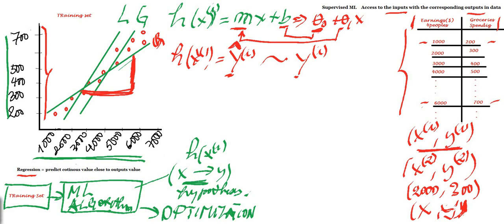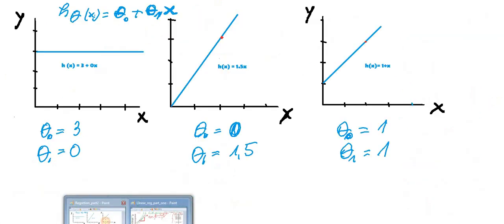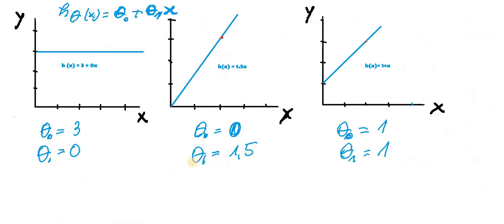I can show you different examples. Here we have the hypothesis, and you can see that we have different parameters. Different parameters have different hypotheses. As you can see here, with theta 0 equal 3 and theta 1 equal 0, we have a straight line that is parallel to the x-axis.